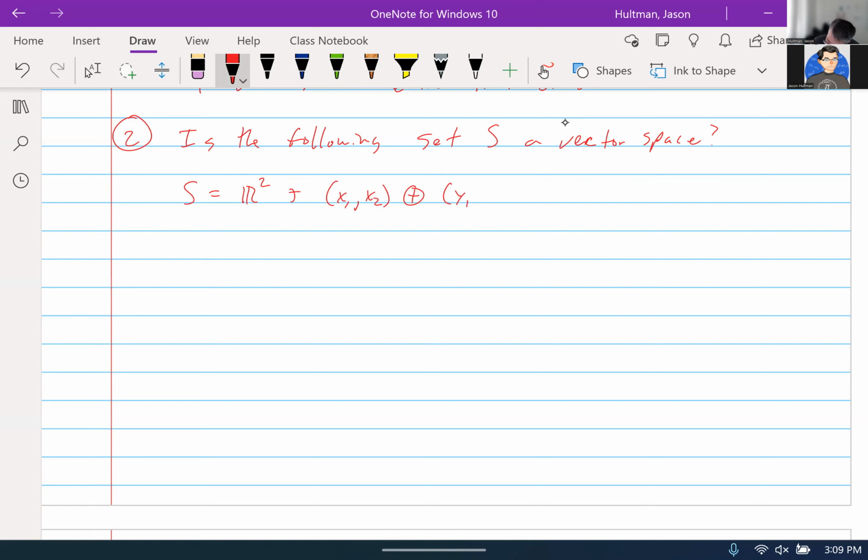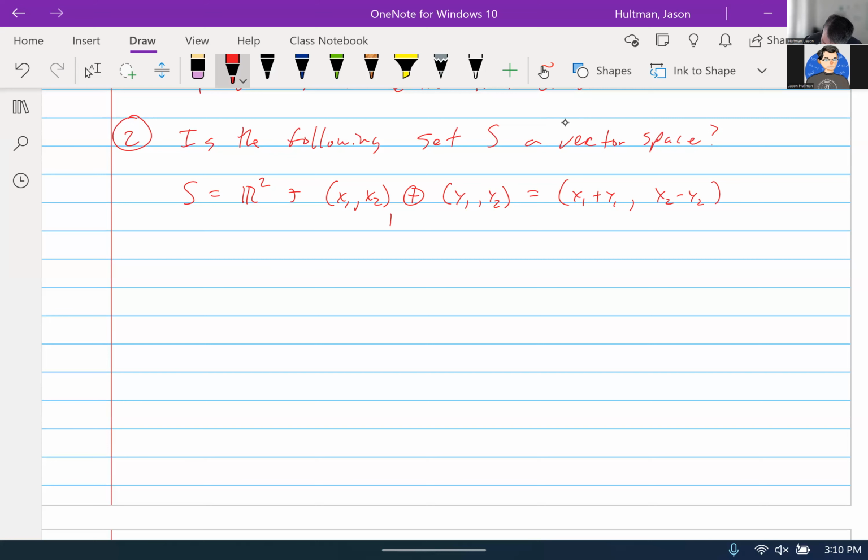Okay, and if we have two vectors, x and y, when we add those two vectors together, we get x1 plus y1, so that makes sense. But we then get x2 minus y2. So we're defining the addition of these vectors a little bit differently. Instead of adding the second components together, we subtract the second components. So that's a little different.